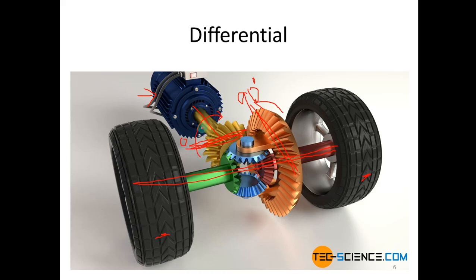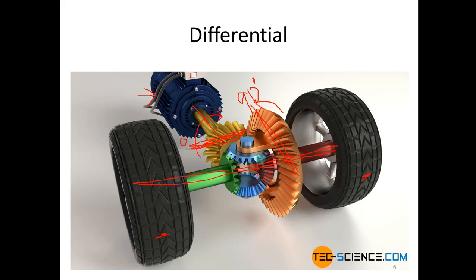Let's say this is a clockwise rotation, and this brown gear will rotate anti-clockwise at the same speed. When this brown gear starts to rotate, these blue gears and the wheels will start to rotate.